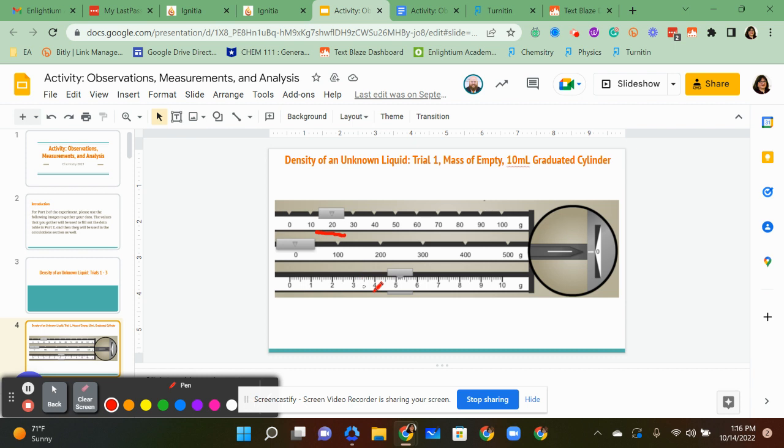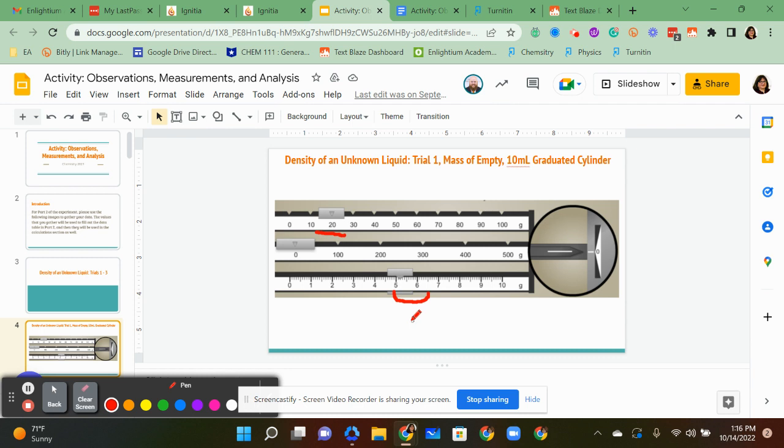Okay. Then, very, very important that you take a look at the scale division of the instrument. What do I mean by that? Well, if you look at the bottom scale, there are different notches every 10th of a gram.